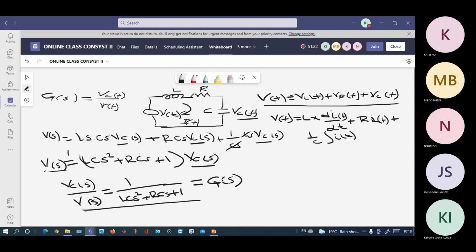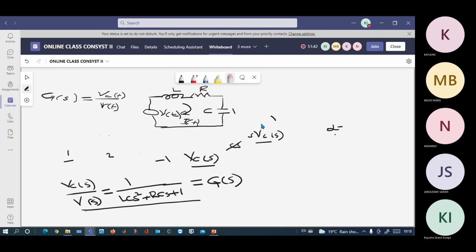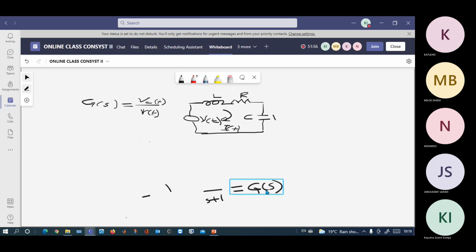Now, as I told you, when you have a problem, you first have to find the relationship in the time domain, then you can convert it into the frequency domain. Now I want to show you something that can help you skip the time domain, so you can go straight to the frequency domain.